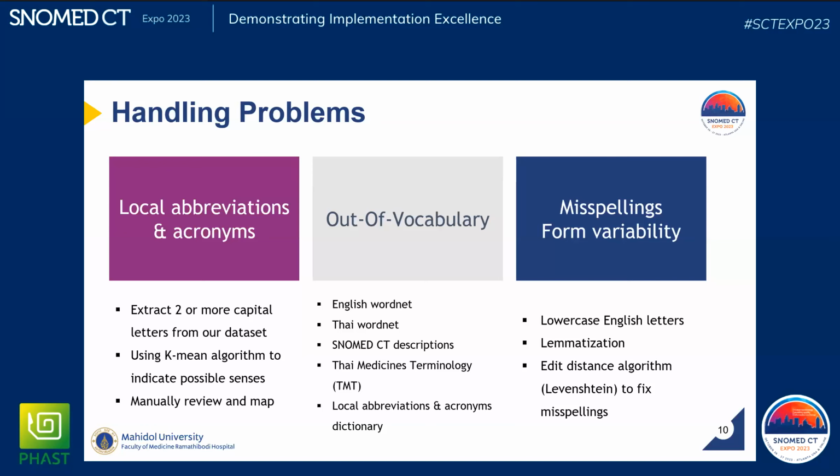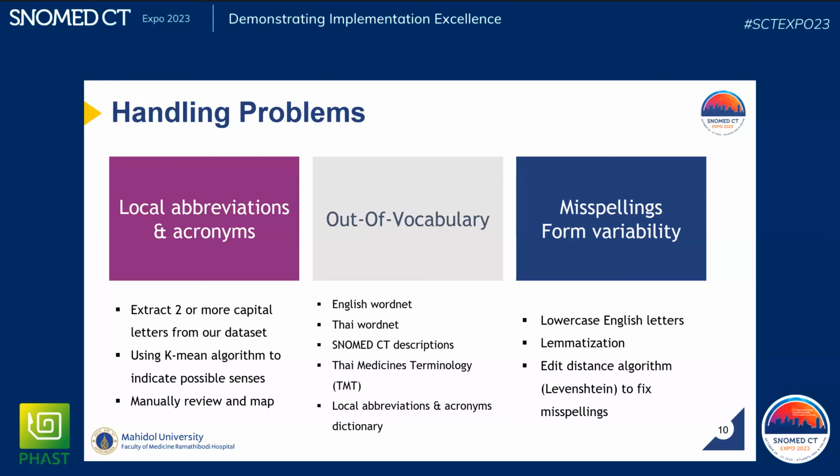First, the local abbreviations and acronyms. We extract the capital letters from our data and use unsupervised learning to cluster them to indicate the possible senses. Then we manually review each one, and then we add that to the dictionary.